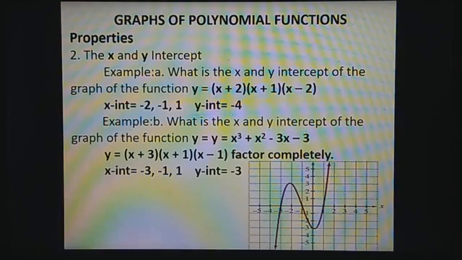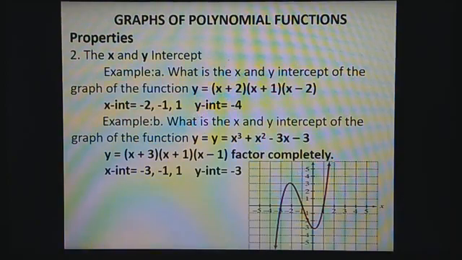So, dito sa baba, yung graph niya, kung mapapansin nyo, ang x-intercept natin negative 3, negative 1, positive 1. So, dun dumaan yung ating graph. So, negative 3, negative 1, positive 1. So, that is our x-intercept.